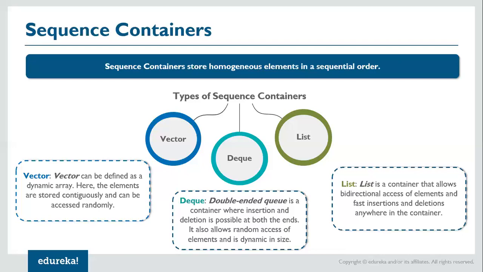I mean, you can move forward and backward while accessing the elements of a list. Plus, when you do an insertion or deletion in a list, it is very, very fast. We shall see in some time why insertion and deletion are very fast in the case of a list. So that is regarding the sequence containers, under which we have vector, DQ, and list.